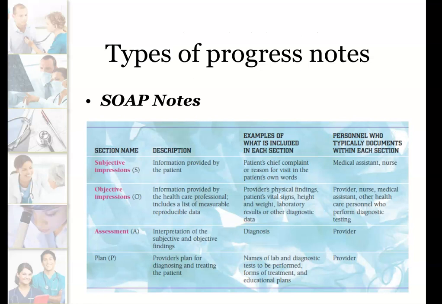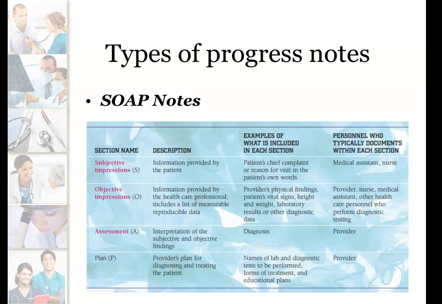A more popular and efficient note-taking technique is to use the SOAP method, standing for Subjective, Objective, Assessment, and Plan. The S, subjective impressions, are information that are provided by the patient, usually in their own words.